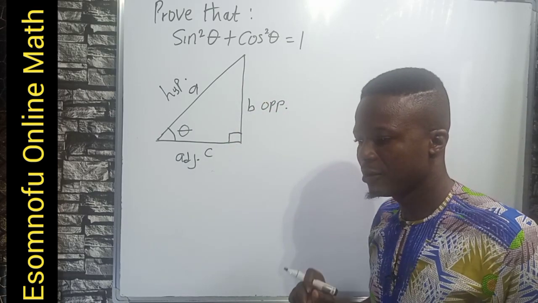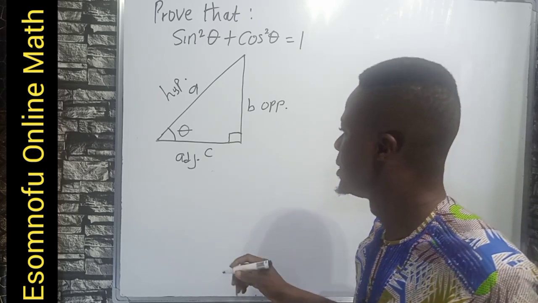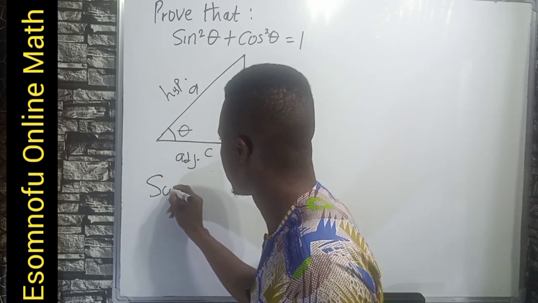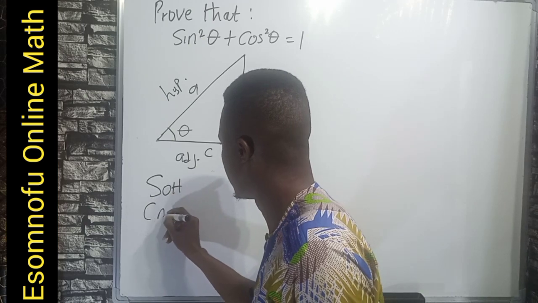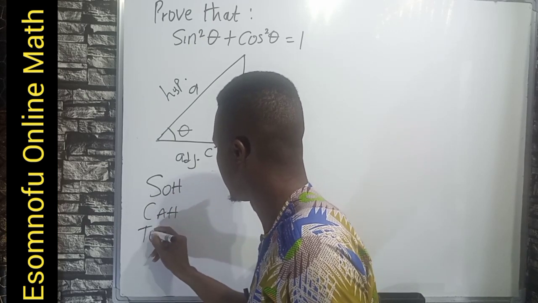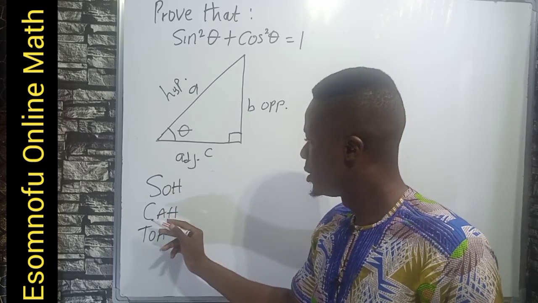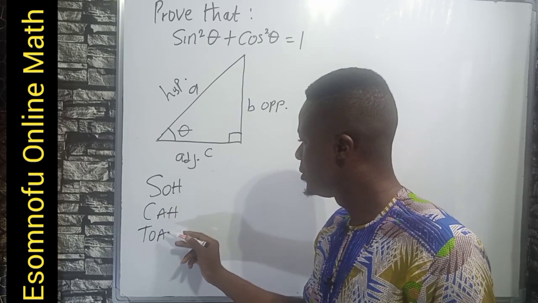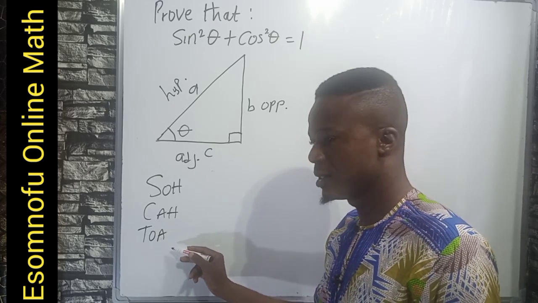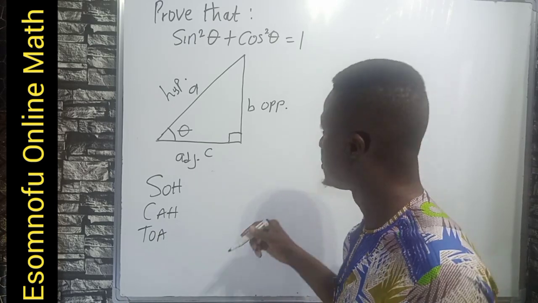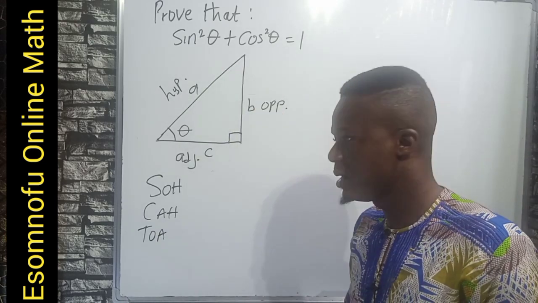You understand from trigonometry ratios that sin theta is opposite over hypotenuse, cos theta is adjacent over hypotenuse, and tan theta is opposite over adjacent. I don't need tan in this case because I'm giving sine and cos here. So let me leave tan alone.